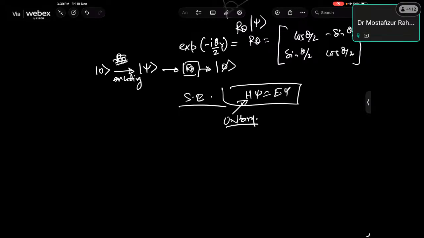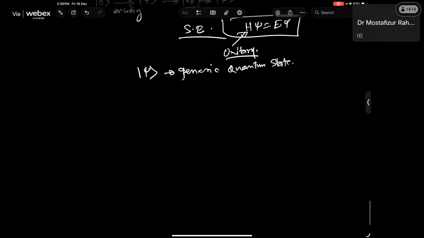So if I have a wave function, say ket psi, which can be any generic wave function or quantum state, there is also a representation of the wave function in which it is an eigenstate. For example, ket x is the eigenstate.